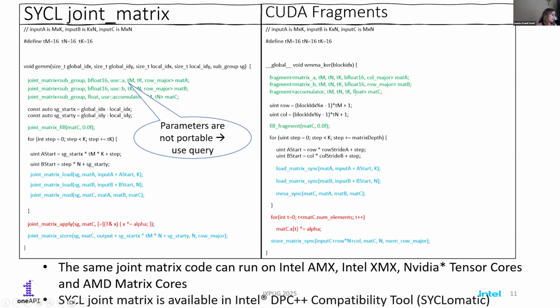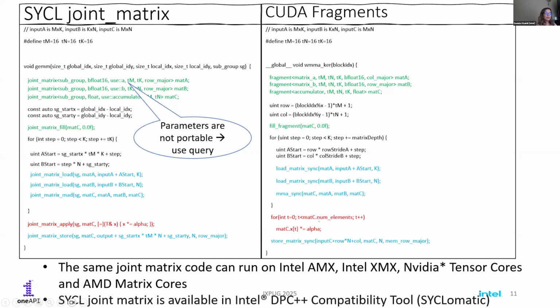On the right-hand side, I have the CUDA WMMA extension that uses something called fragments for a matrix, and it is very similar. A fragment can be seen as equivalent to joint matrix. There is a fill operation, load, store. The main difference is how they do the element-wise operation.